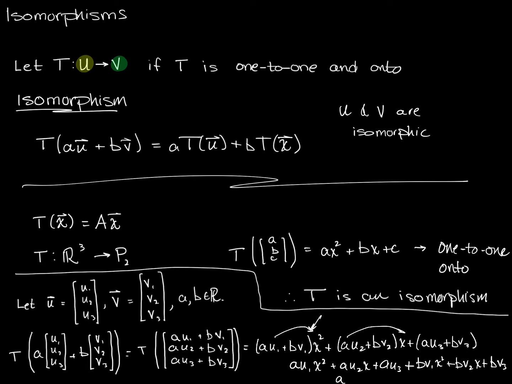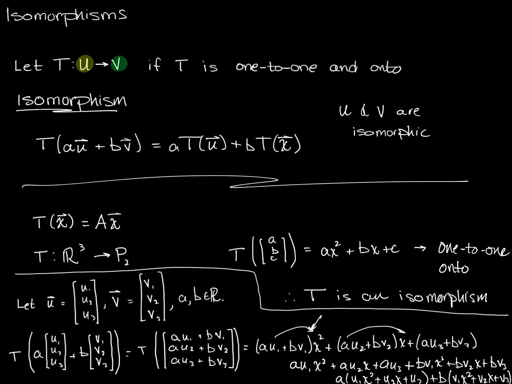And then if I factor out the A, I get A(U1x squared plus U2x plus U3). If I factor out the B, I get B(V1x squared plus V2x plus V3).